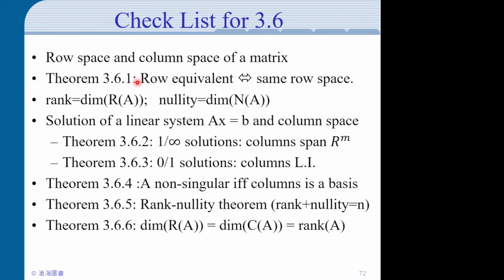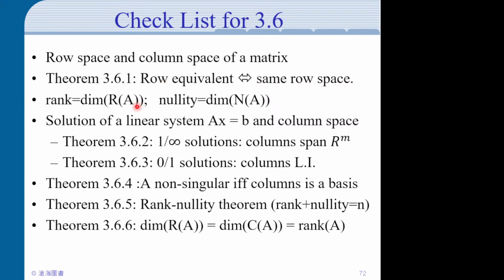Theorem 3.6.1 says that if 2 matrices are row equivalent, they have the same row space, and this gives us a way to find the basis for the row space, just as we did. You can find the REF of your matrix, and then the nonzero rows will be a basis for your row space. Or if you get the RREF, we also get a basis.